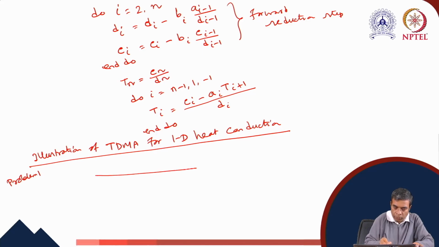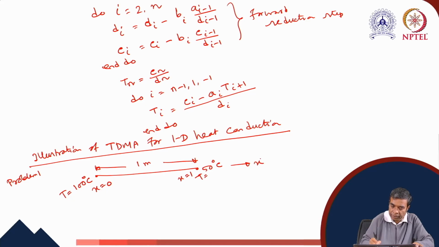So we have one 1D rod. It is of 1 meter length. It has 100 degrees centigrade at the left boundary and 50 degrees centigrade at the right boundary. So left boundary is x equals 0. The right boundary is x equals 1. This is the x-axis.